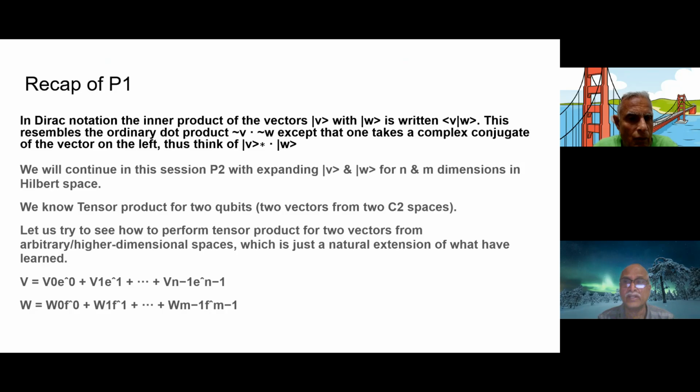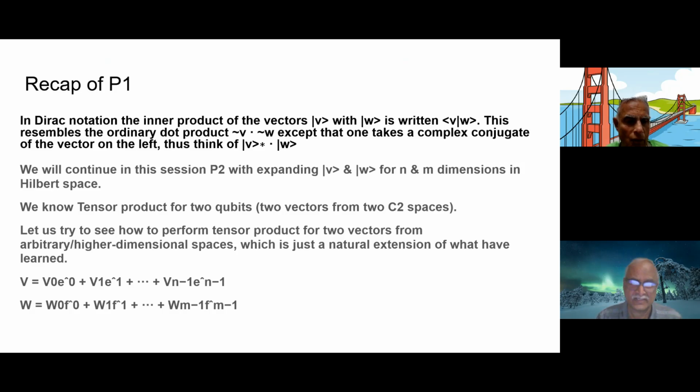And how do we evaluate it? We typically take the left hand side, the bra side, bra v, create the complex conjugate of that, and then multiply with the right hand side. The right hand side happens to be the ket side. Okay. And what we will typically do is represent any two vectors.